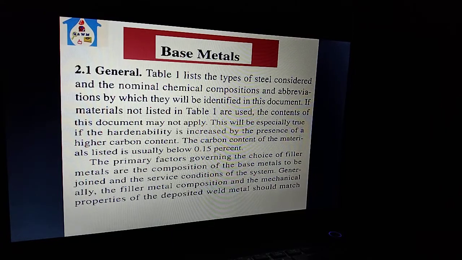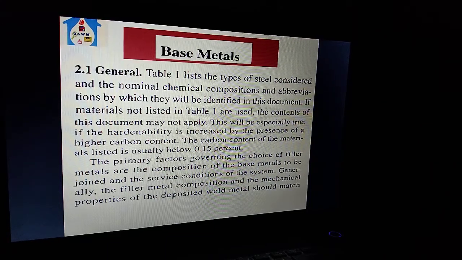This will be especially true if the hardenability is increased by a higher carbon content. The carbon content of the materials listed is usually below 0.15%.